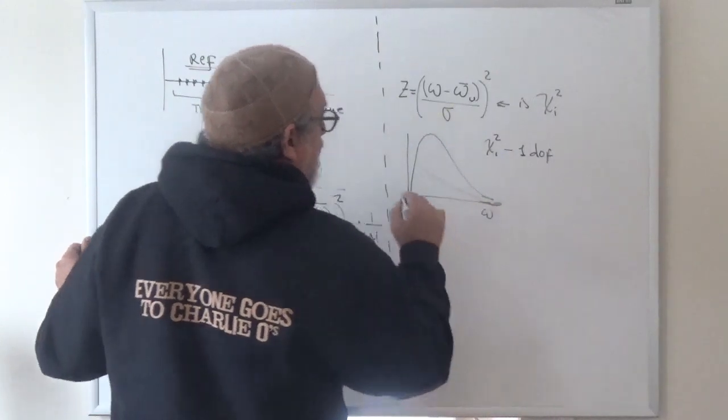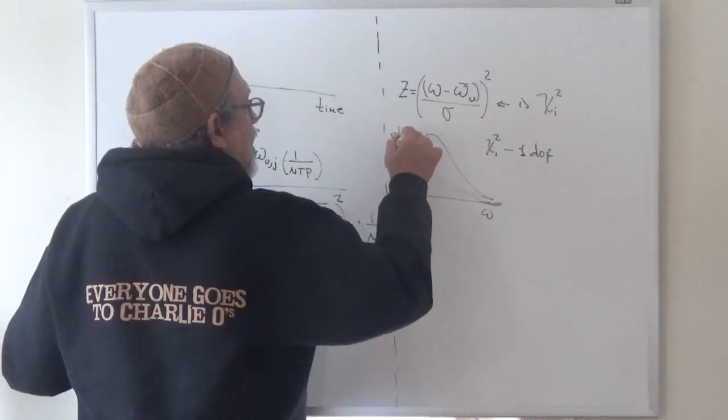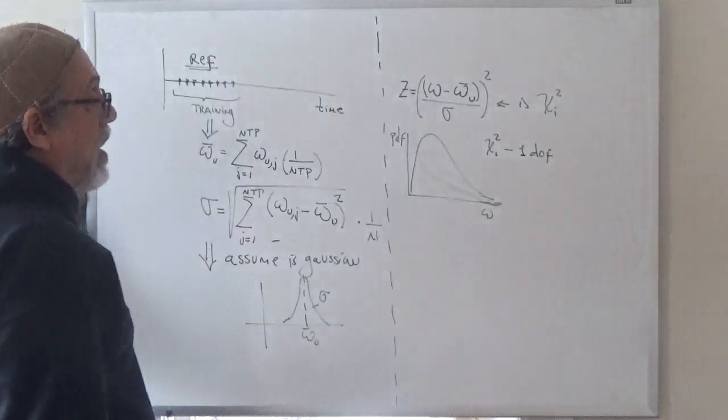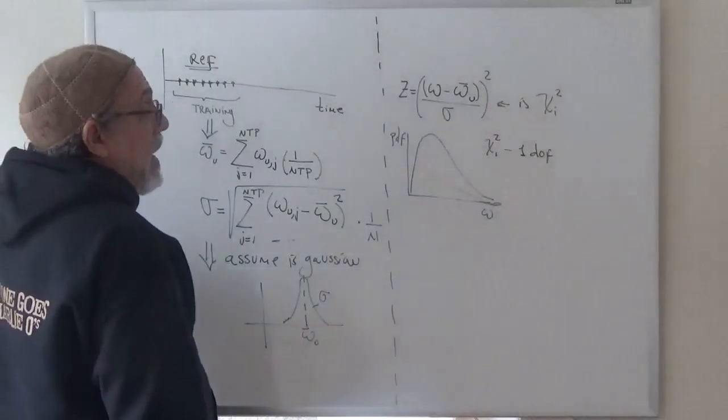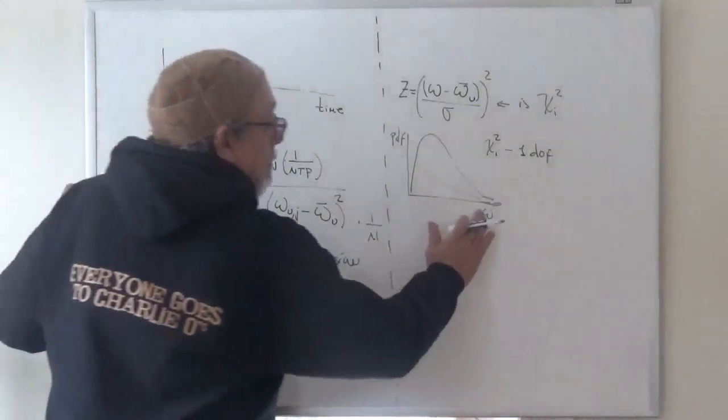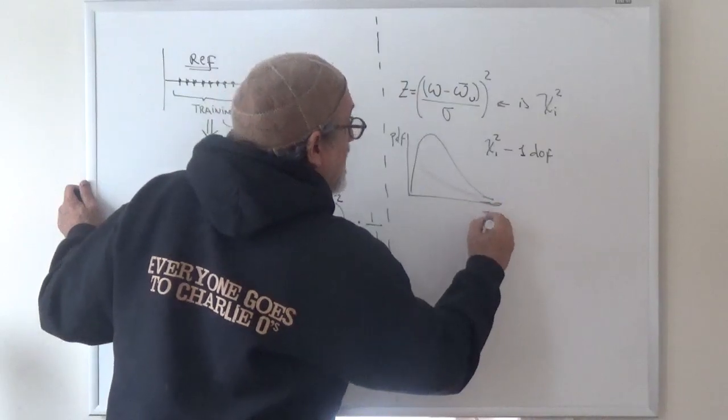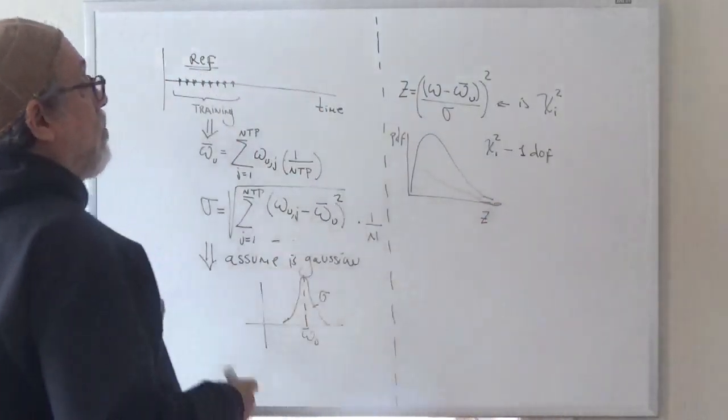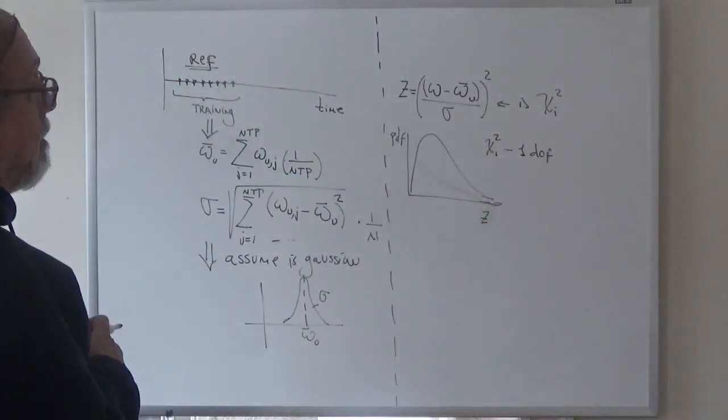This would be z, and this is the PDF. So this would be the chi-squared with 1 degree of freedom. That's the PDF of the chi-squared.